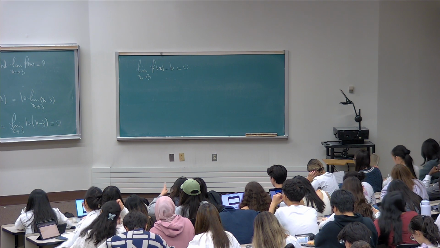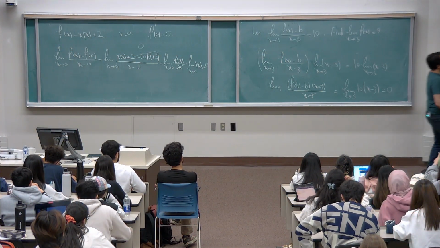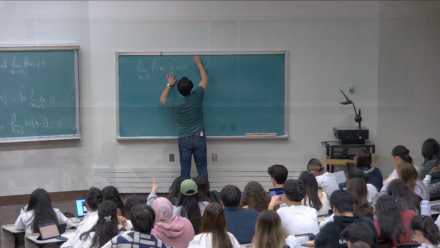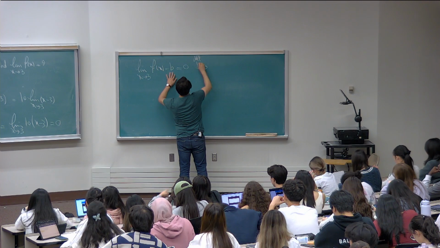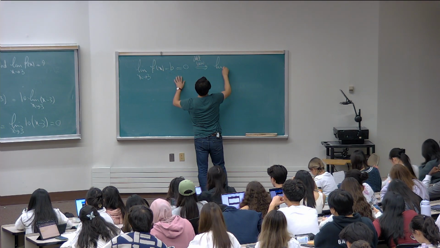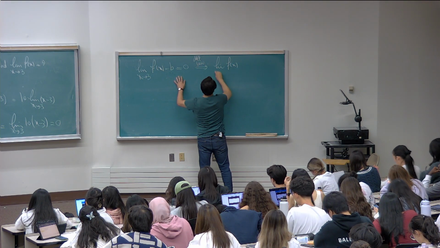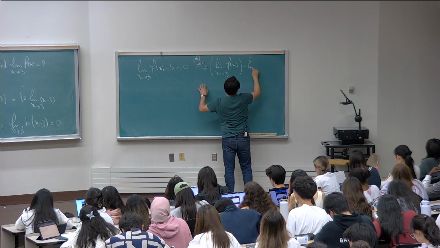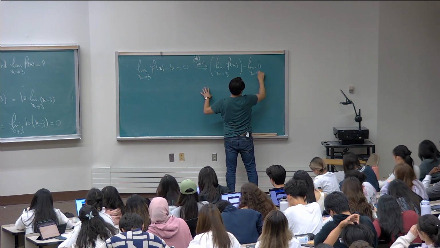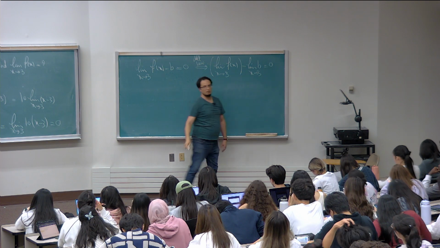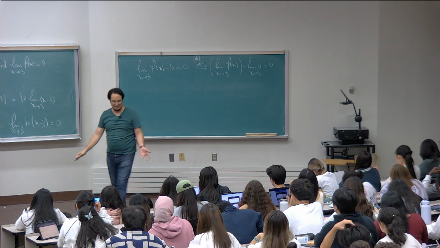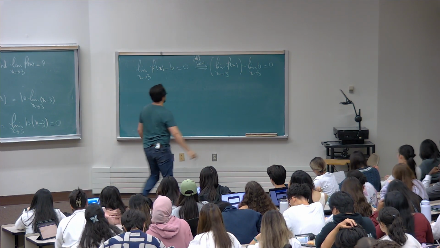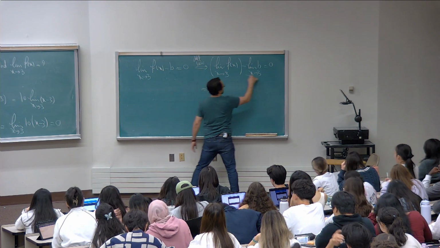Now, apply the difference law, and that will give you the limit of f of x as x approaches 3 minus the limit of b as x approaches 3 equal to 0. But b is a constant, yes? The limit of a constant is always that constant, and I take it to the other side.